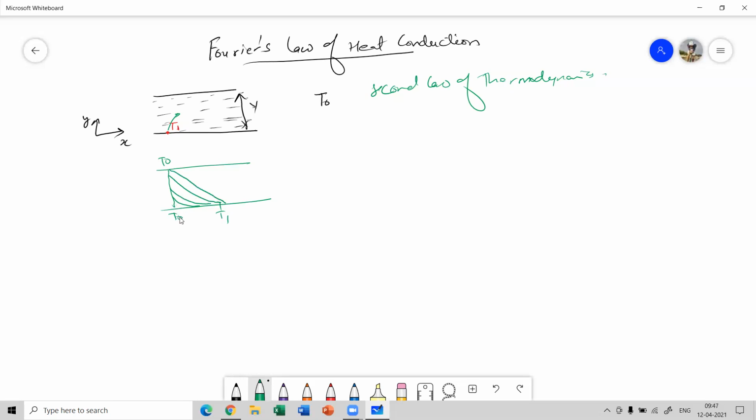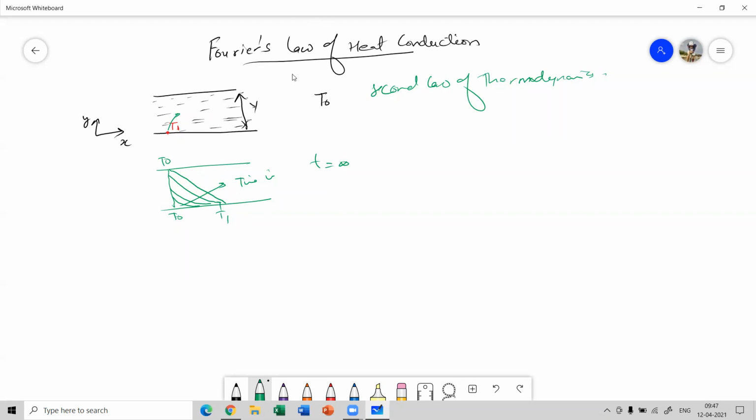Initially the temperature will slowly rise throughout this solid material, and after a certain period of time, that is at t equal to infinity, we will achieve a steady state. That means there will be a steady state temperature difference between the two slabs.